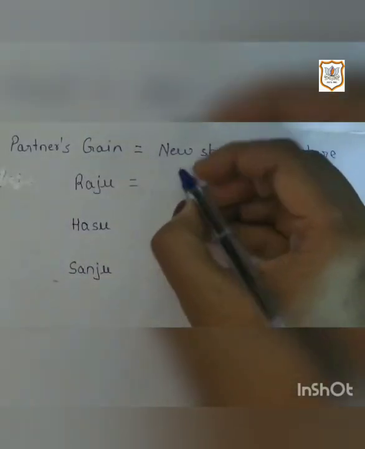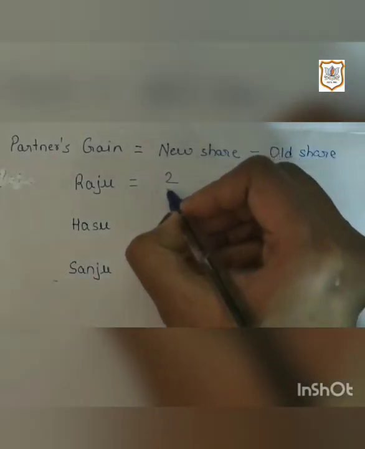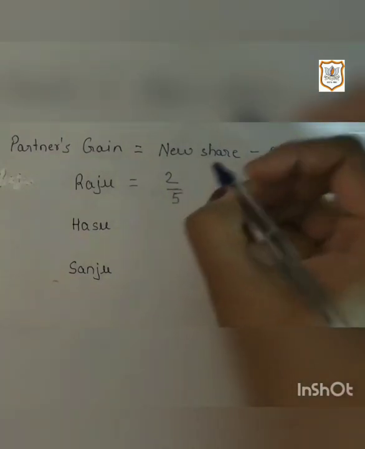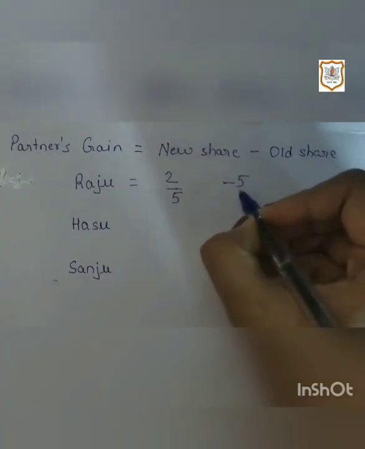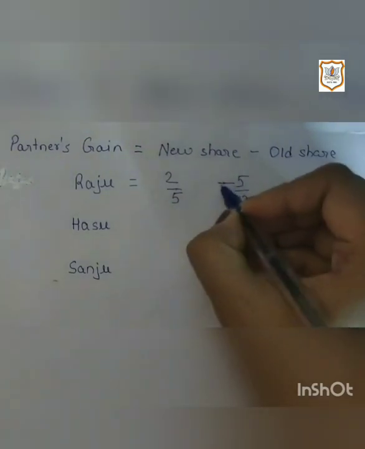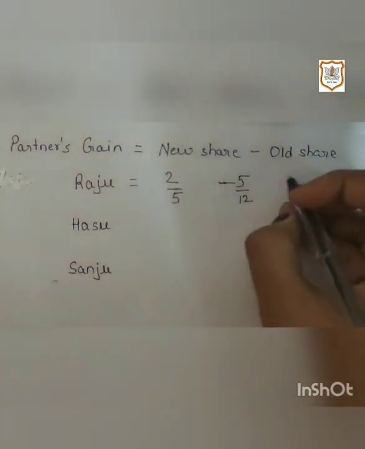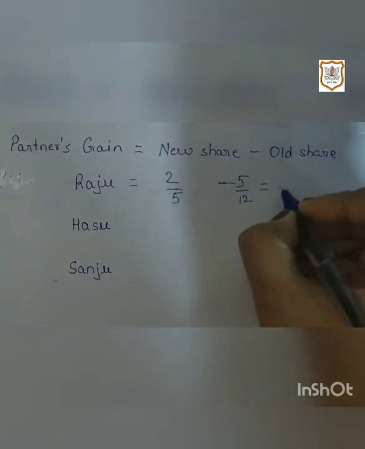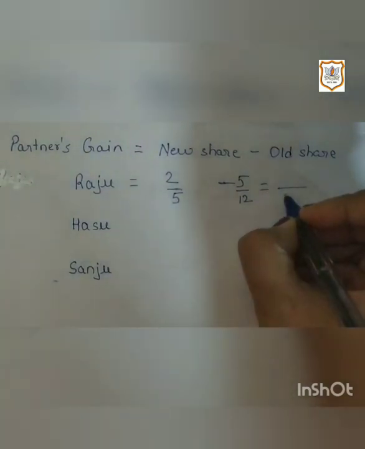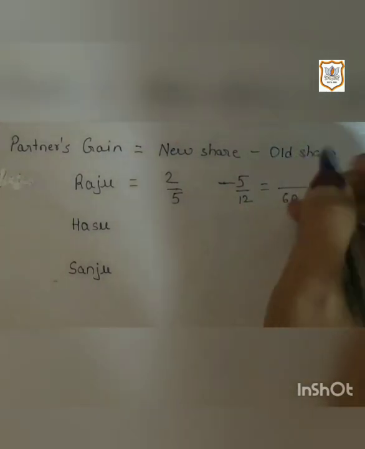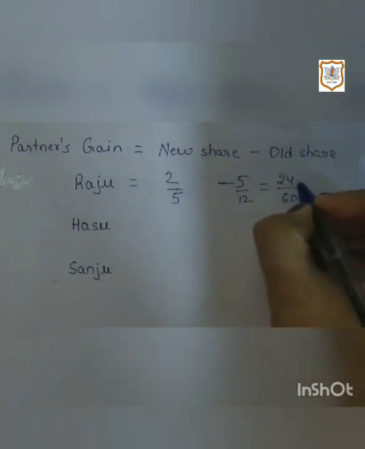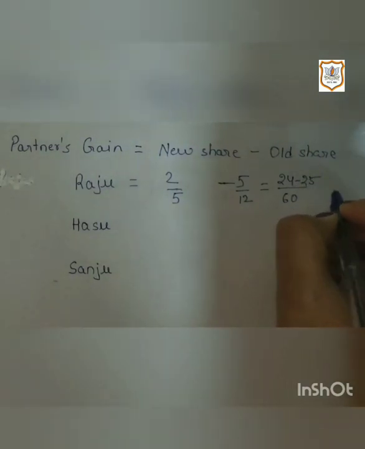So let's substitute it. 2 by 5 minus 5 by 12. If we solve it by taking LCM, here LCM of 5 and 12 is 60. If we solve it, we will get 24 minus 25.